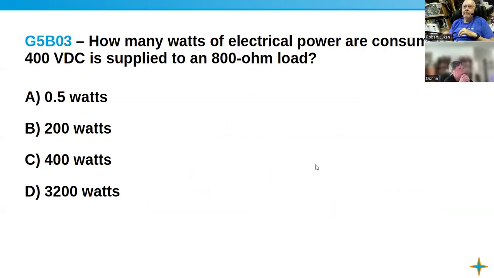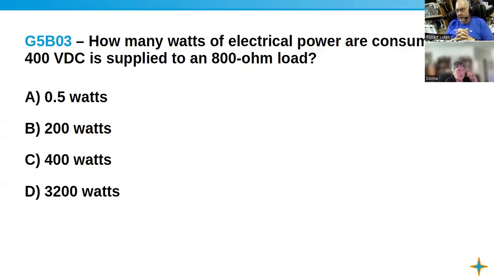How many watts of electrical power are consumed if 400 volts DC is supplied to an 800 ohm load? You know voltage and resistance, not both voltage and current.